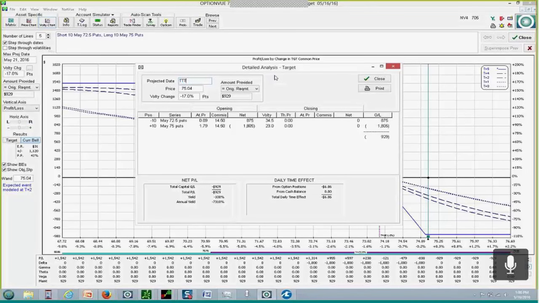If I was to say that today plus 2 is the 18th, and if we were to drop down to 72, with a 17% drop in implied volatility, it's saying that if I bought that trade right now, 89 cents is what I'd collect selling the 72.50 put.